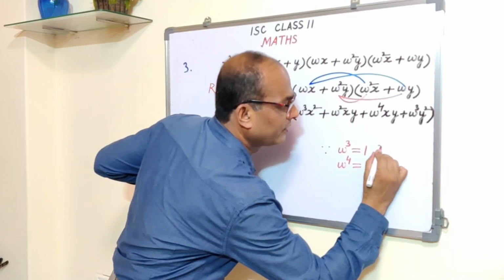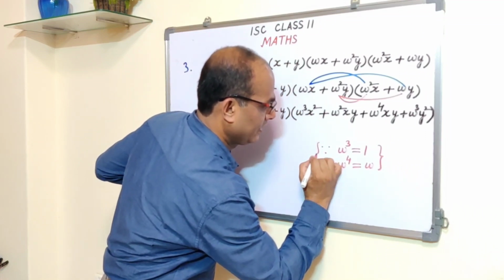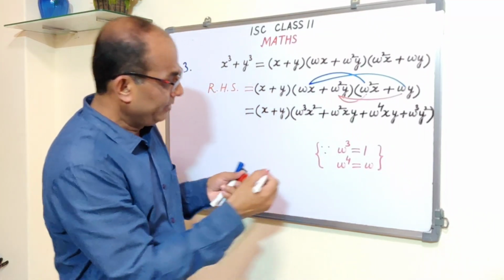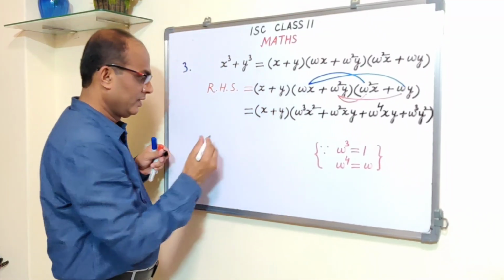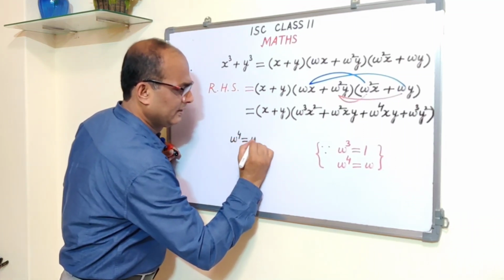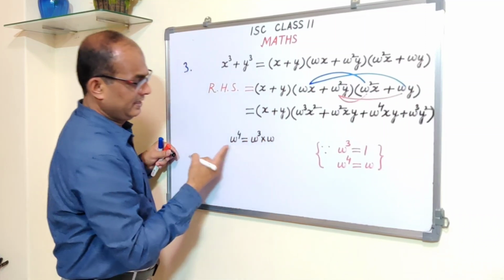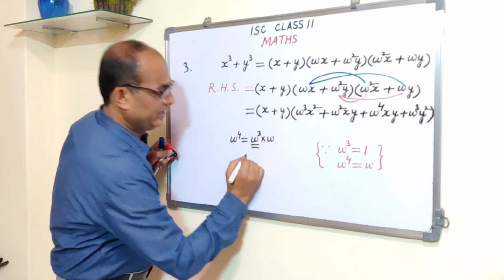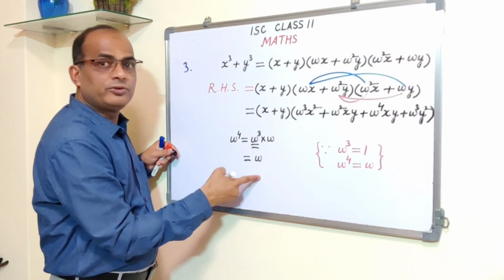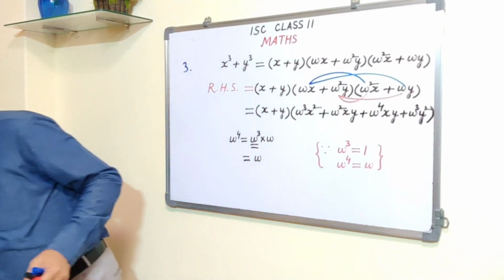You know how? Omega raised to the power 4 you can write down omega cube into omega, isn't it? And this omega cube is 1, so 1 into omega is equal to omega. So directly you can write down omega raised to the power 4 is equal to omega. Or if you want to show, you can show like this. Fine.